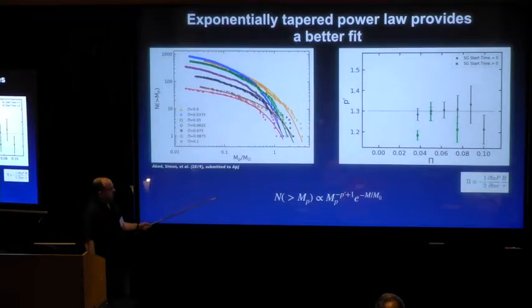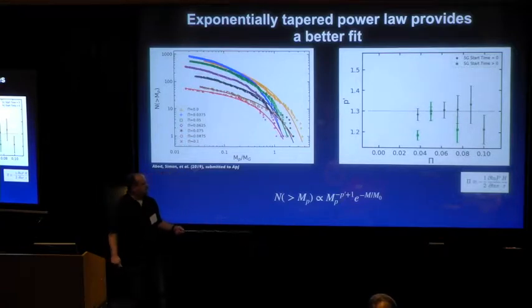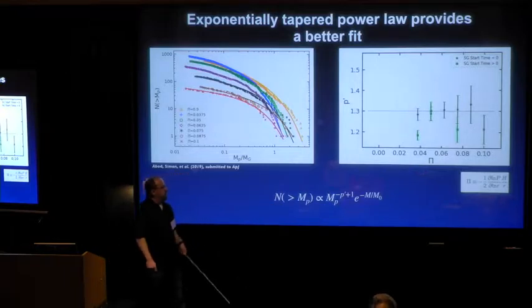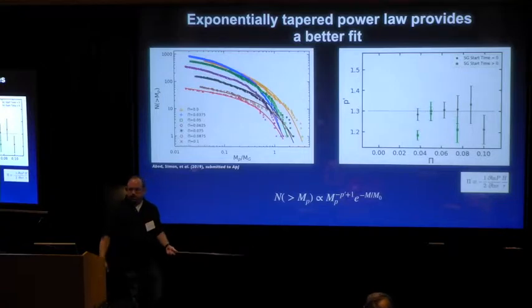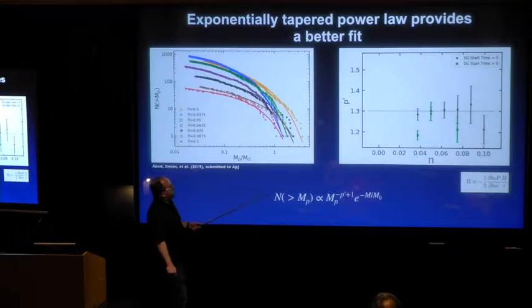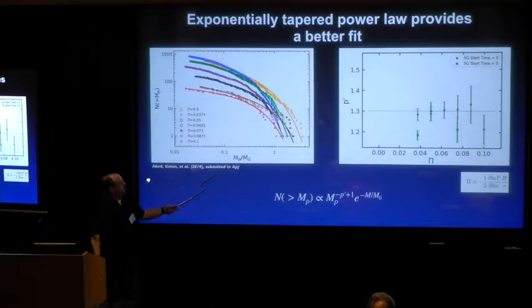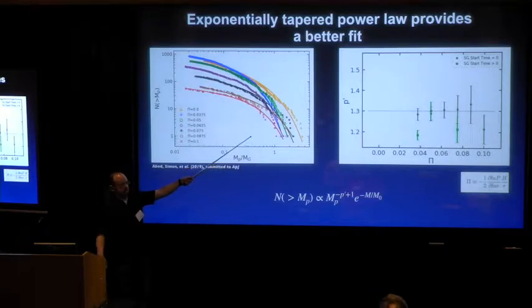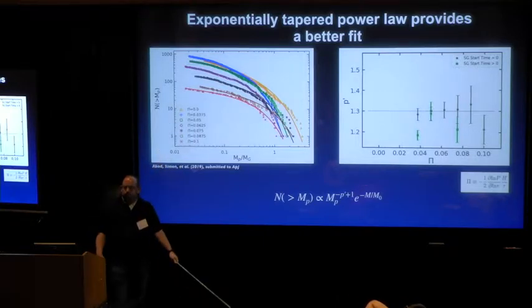But for right now, for the paper that my undergrad did, we just assumed a simple exponentially truncated mass function, which in the form of the cumulative mass function is written like that. And in that case, we find p prime here, which is the equivalent to p but now in this new fit, is approximately 1.3, which is shallower, partially because now we have this curvature to account for, and it goes over a reasonably large range in mass, but also there's some flattening of the distribution up there.